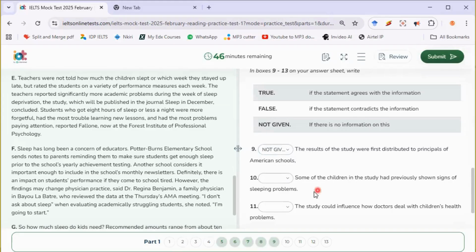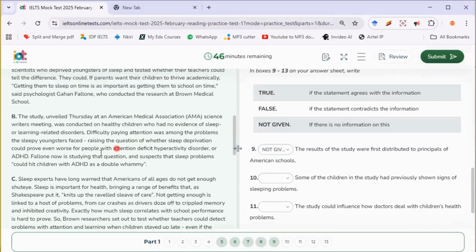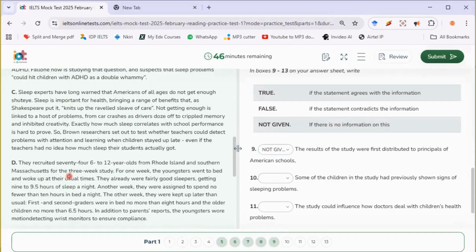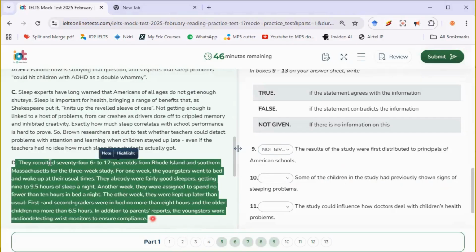Okay? Now, number 10. Some of the children in the study had previously shown signs of sleeping problems. Yes, I saw this one somewhere. Look at it there now. Sleep problems. Hold on. Some of the children in the study, this is where they talked about the children that participated in the study. So our answer should be here because this is where they started talking about the people that came for the study. They recruited 74 6 to 12-year-olds from Rhode Island.